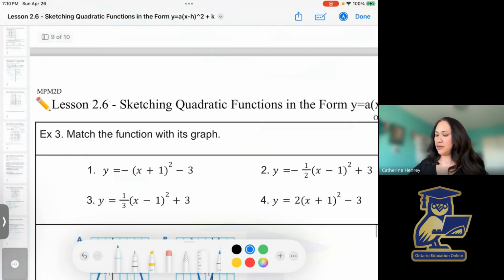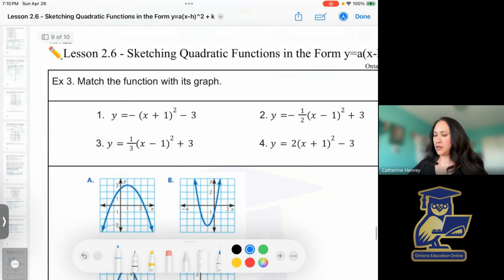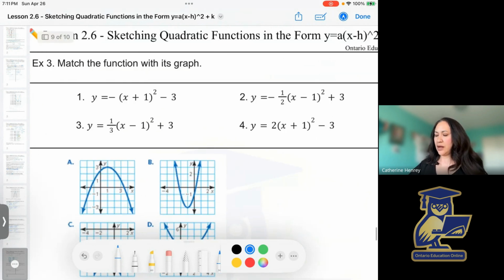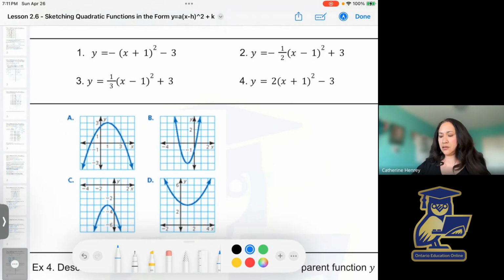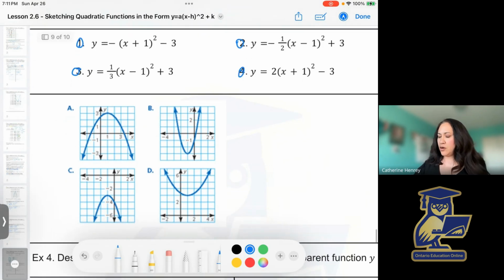Now, let's see if we can match up the function with its graph. So I have 4 functions, 1, 2, 3, 4, and then I have 4 graphs, A, B, C, and D. And I want you to be able to match up the graph with the function.